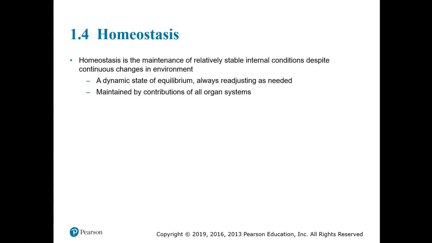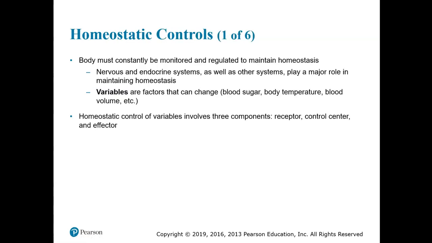Then we have a section on homeostasis, which is the maintenance of relatively stable internal conditions despite changes in the environment. So homeostasis is maintained by all of our organ systems. They are designed to help maintain homeostasis. The nervous and endocrine systems play a major role in this.